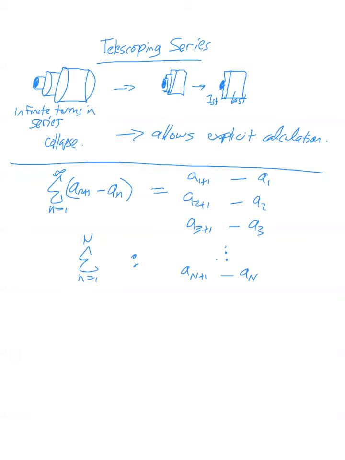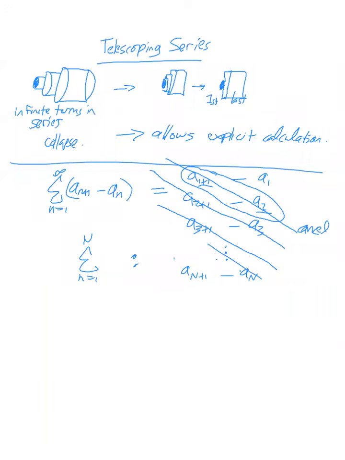Notice that a_{1+1} is actually a_2, so these terms are the same and they cancel, because there's a minus sign in front of the a_2. There's a minus sign in front of the a_3, and there will be a minus sign in front of a_4. In fact, everything collapses in on itself except for the last term and the first term.